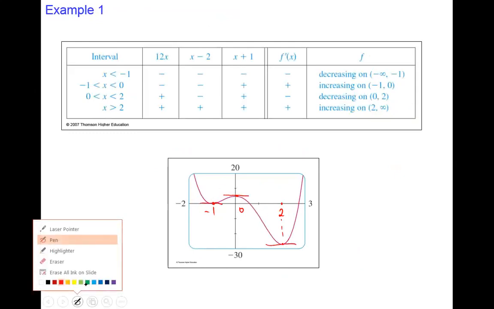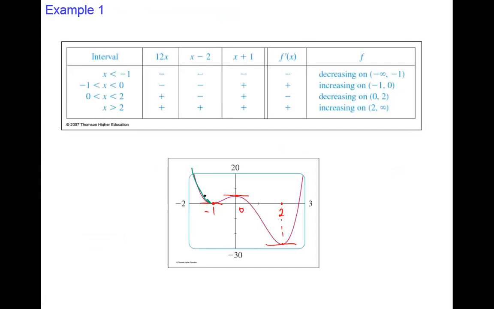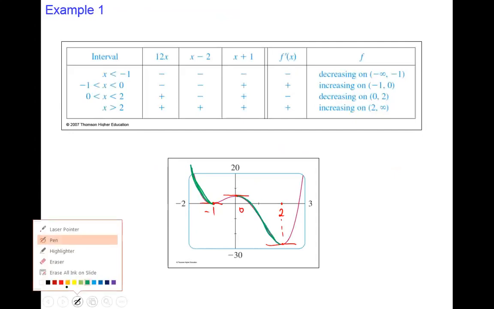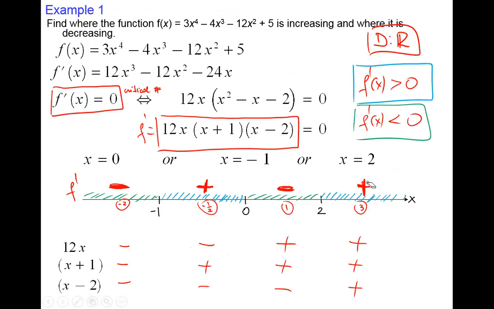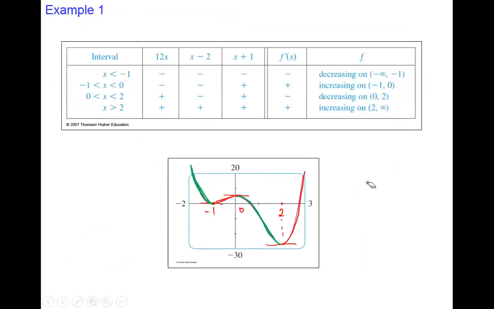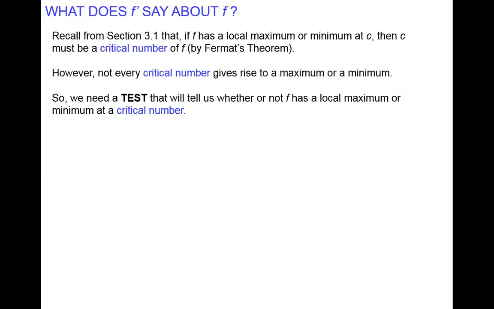And we can see decreasing was from -infinity to -1, and from 0 to 2, and increasing was from -1 to 0, and from 2 to infinity. Okay, let's keep working.